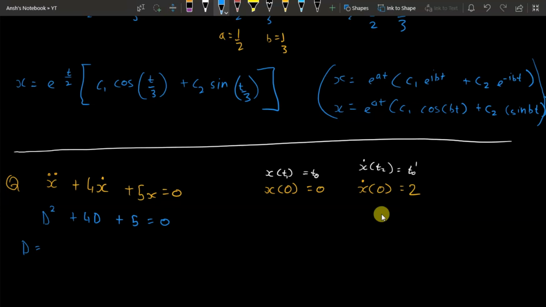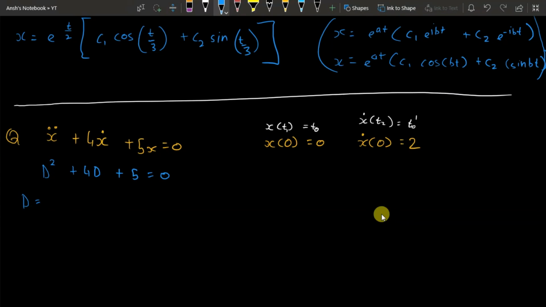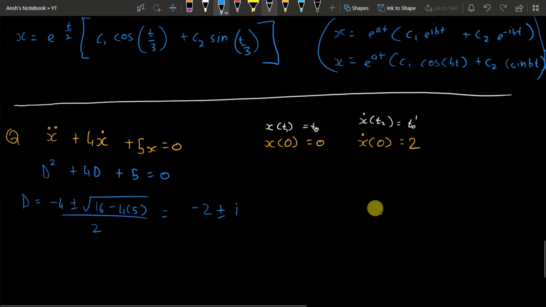So we'll use the determinant method to find the roots of the equation, which will give us (minus 4 plus or minus square root of 16 minus 4 into 5) over 2, and this will give us minus 2 plus or minus i. Comparing this with a plus ib, this will give us a is equal to minus 2 and b is equal to plus 1.